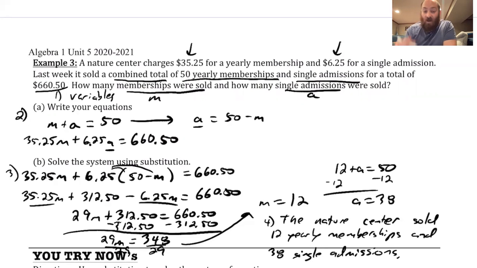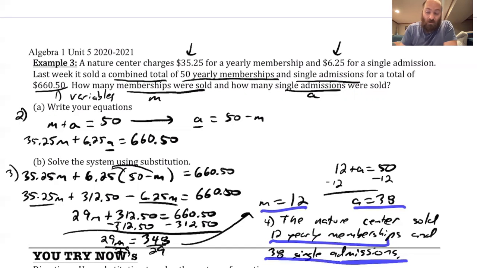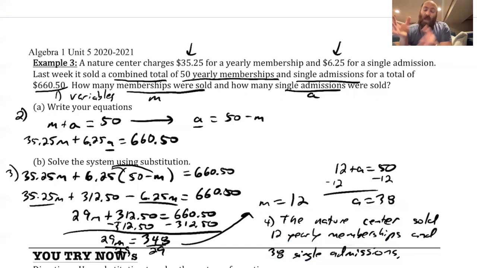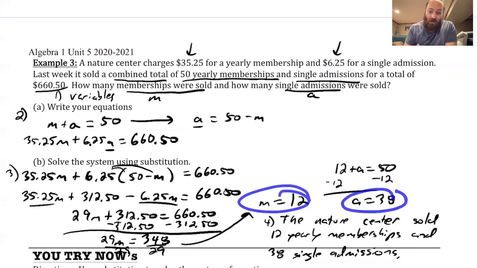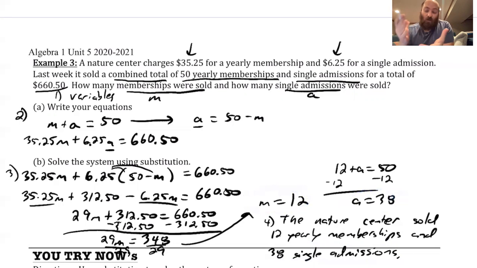Notice that my final answer has the context. M is 12 yearly memberships. A is 38 single admissions. So we are answering the question in context. We don't want to do an ordered pair here. I'm not going to say (12, 38). I'm going to state it's 12 yearly memberships and 38 single admissions.